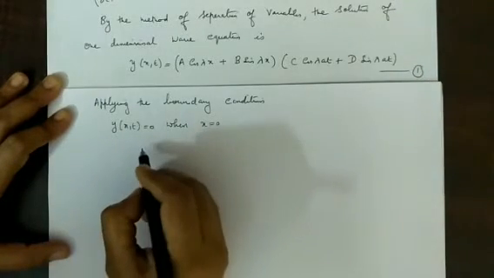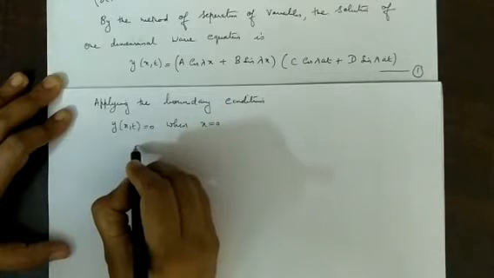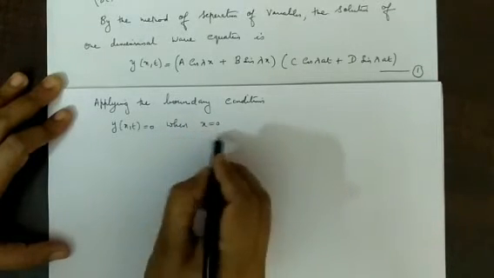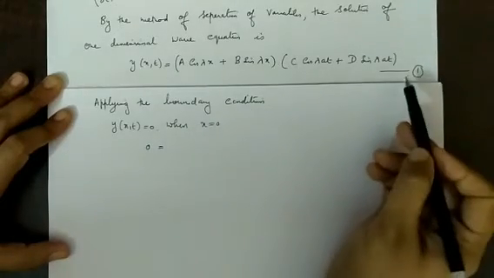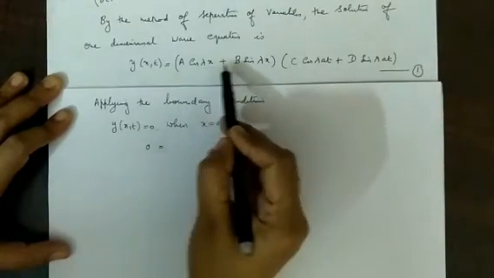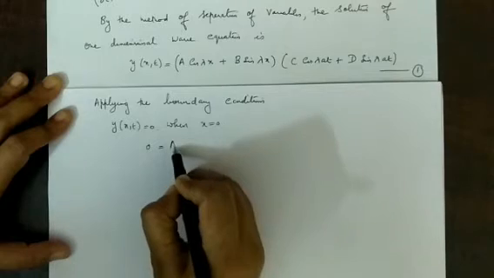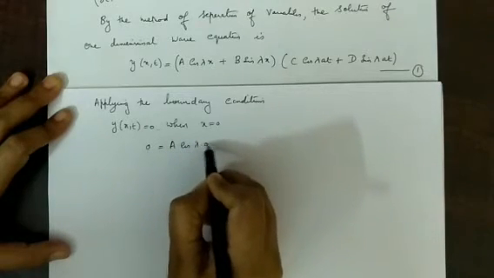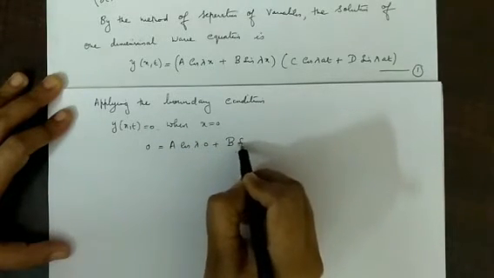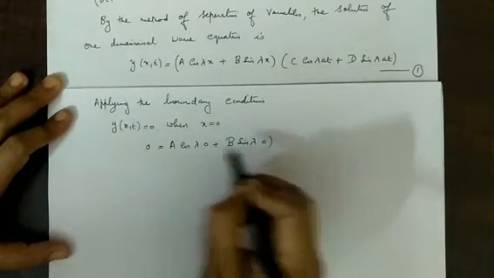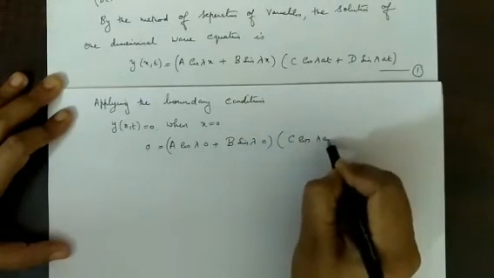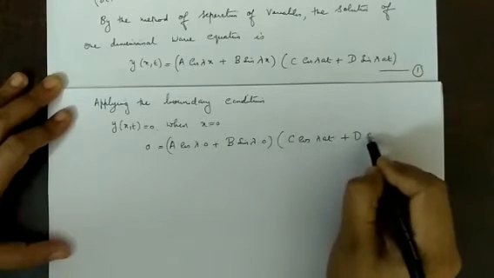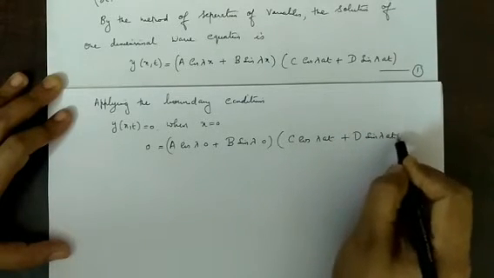Therefore putting y(x,t) = 0 when x = 0, in the place of x put 0, that is (a cos λ·0 + b sin λ·0)(c cos λat + d sin λat).